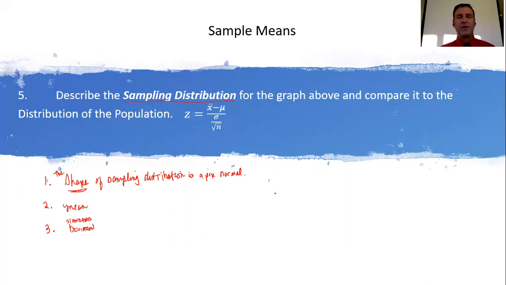Now, when we thought about proportions from the section before, remember that the mean of all your p hats, if you averaged every single p hat that could exist from your population proportion, was always equal to p. And I'm not talking about proportions this time, I'm talking about averages.